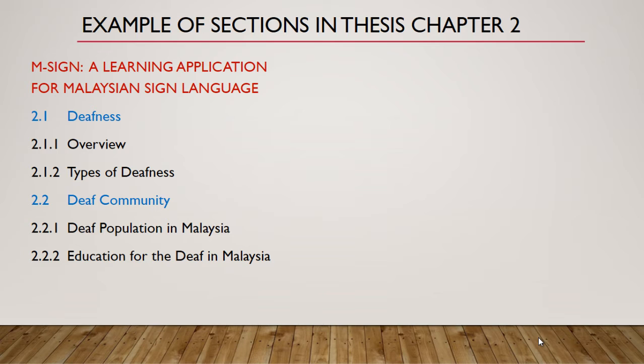Okay, the next is 2.2, which covers the deaf community, and the subtopics are the deaf population in Malaysia and education for the deaf in Malaysia. So you can see that 2.1 covers in general, universal, what is deaf and what are the types of deafness. Now when it goes into 2.2, it covers the specific situation in Malaysia.